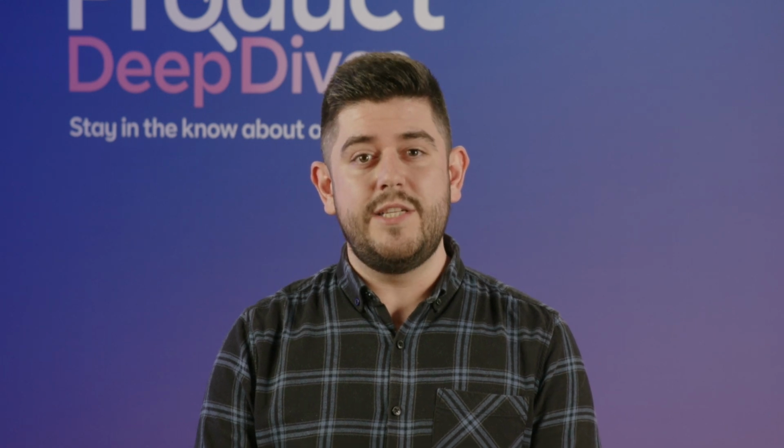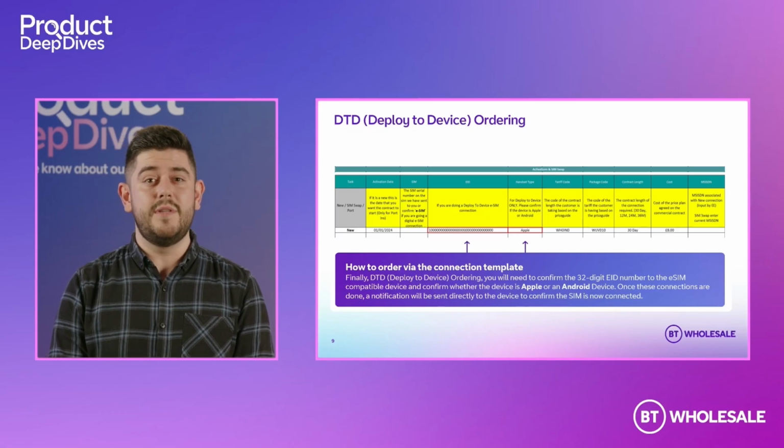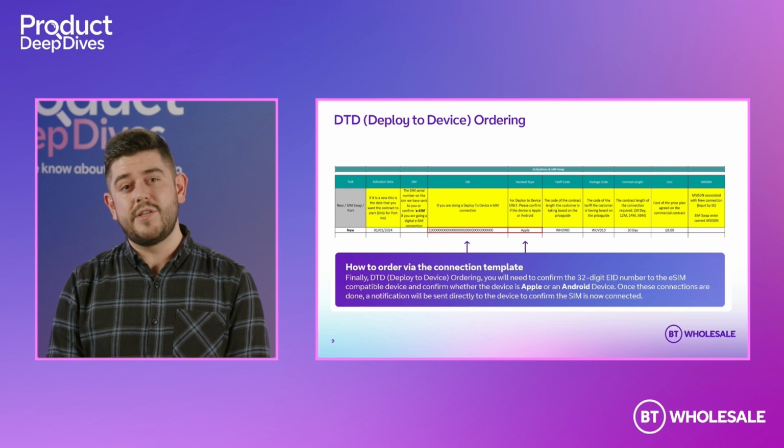Thank you for joining. I'm Kieran, and I'm the Service Readiness Professional for Complete Mobile. Today I'm going to show you the new updated template on how you can order digital eSIMs and deploy to device connections. First, with the digital eSIM, you enter the eSIM into the SIM section and send that to the service team.